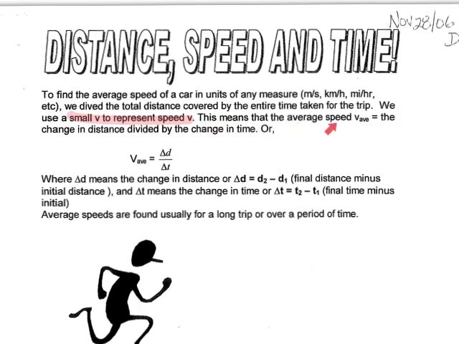This means that the average speed, v with AVE tacked onto it, equals the change in distance divided by the change in time. Or it gives us here a formula that we can use.